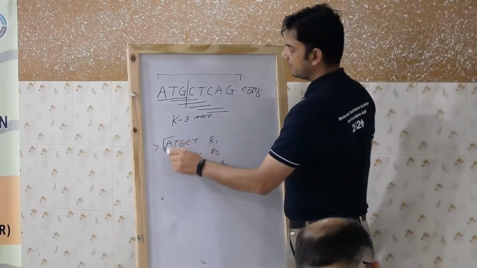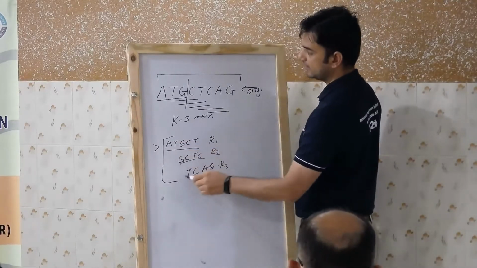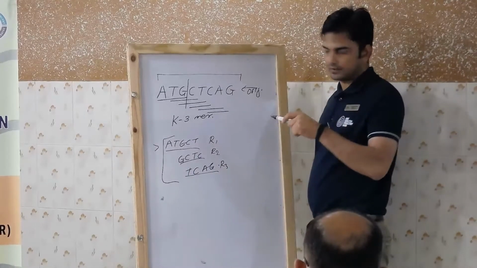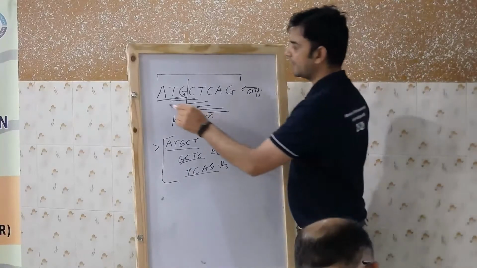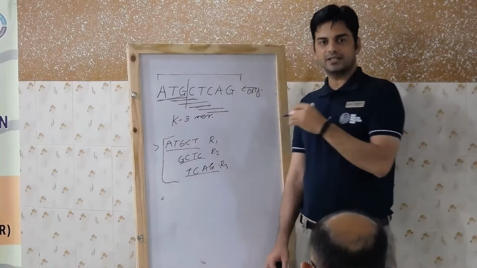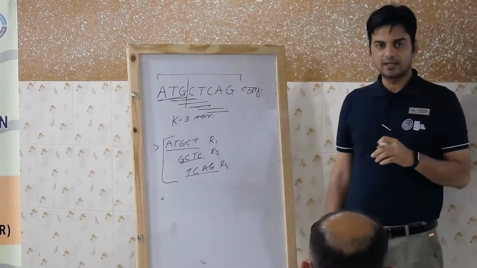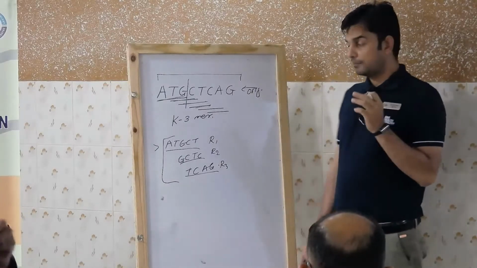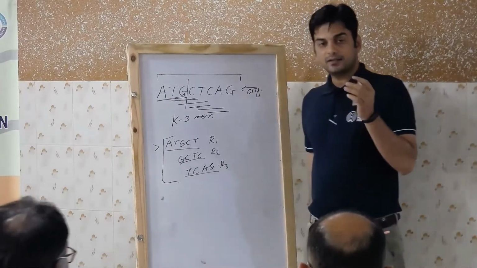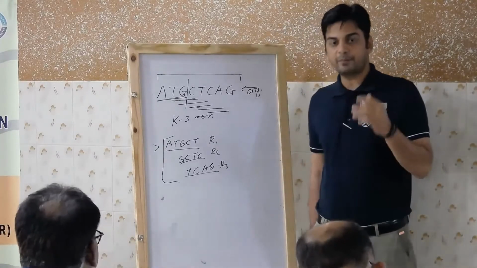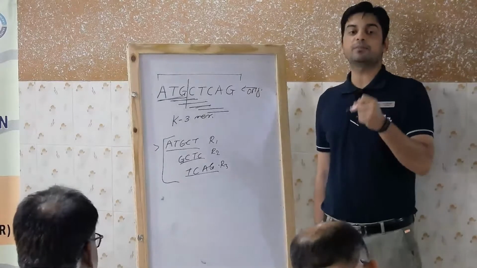When you divide these three reads into k-mers, like I did for this, what the software does is that the software will try to overlap these k-mers in such a way that they will get a continuous stretch. But selecting the next k-mer for the current k-mer will depend on the iteration it performs.